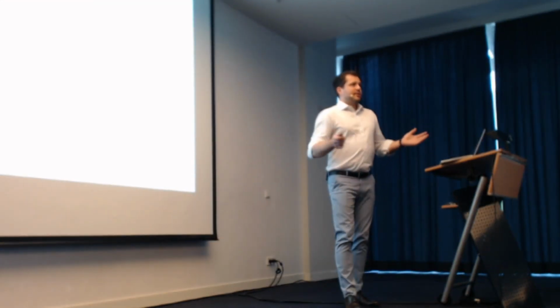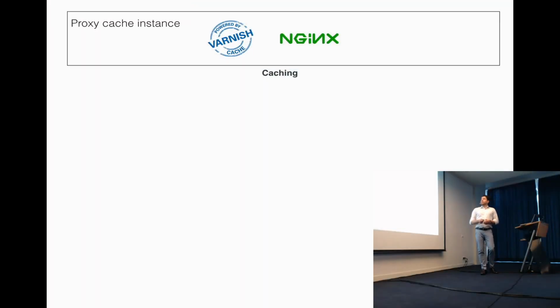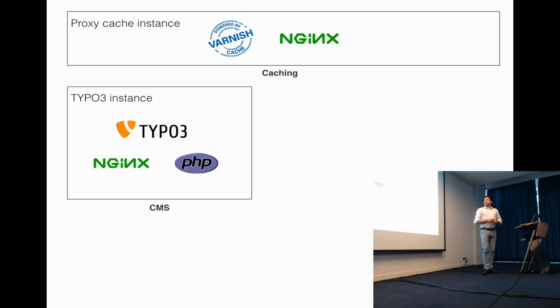So we split it up and have a multi-tier environment. We started with a proxy cache instance with Varnish and Nginx running. We have good experience with Nginx running together with Typo 3. Underneath we have a Typo 3 instance, or many Typo 3 instances. We are running on AWS, on Amazon.